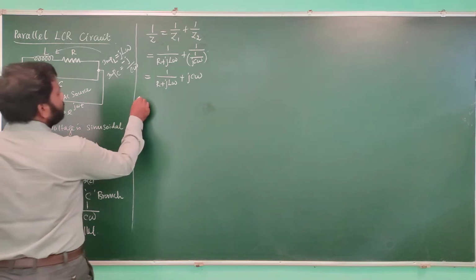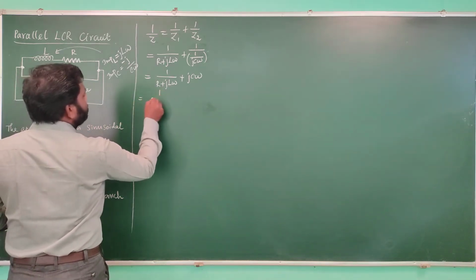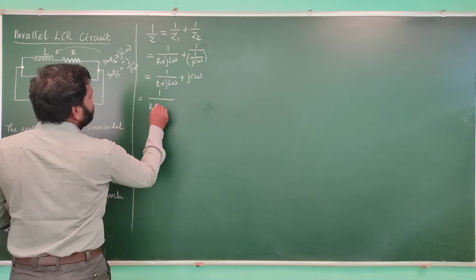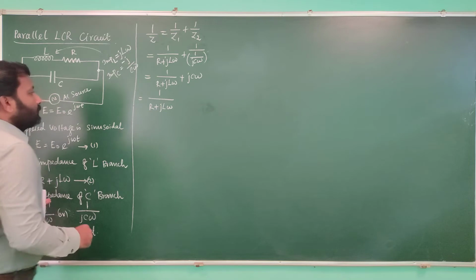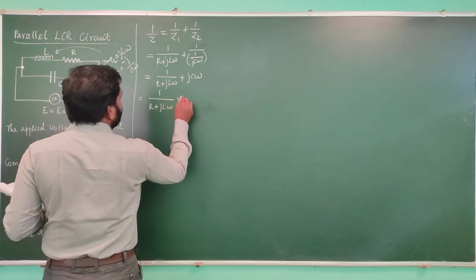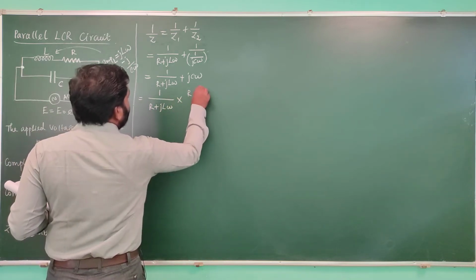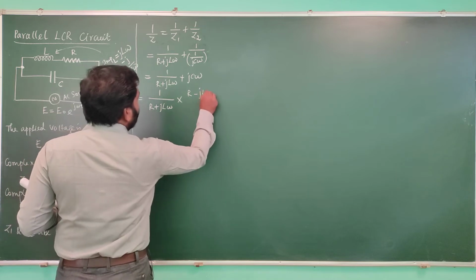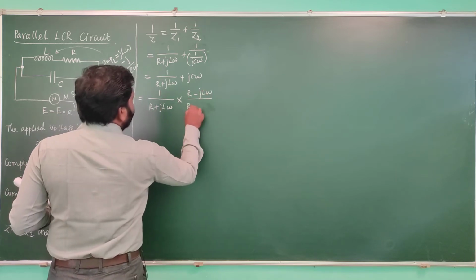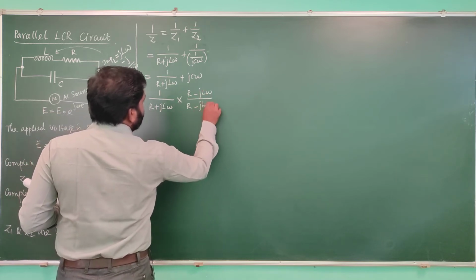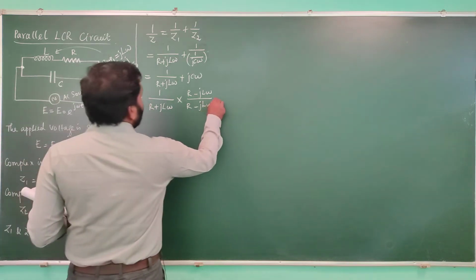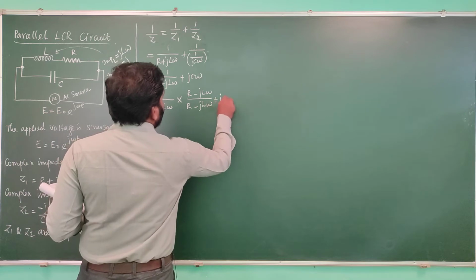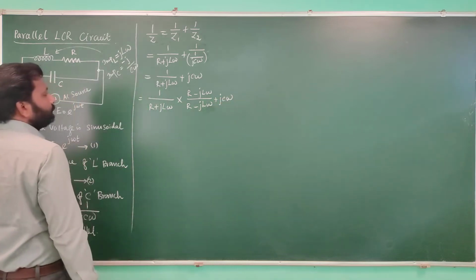Now let's multiply the first term with its complex conjugate in numerator and denominator, so we multiply with R minus j L omega divided by R minus j L omega, plus j C omega.